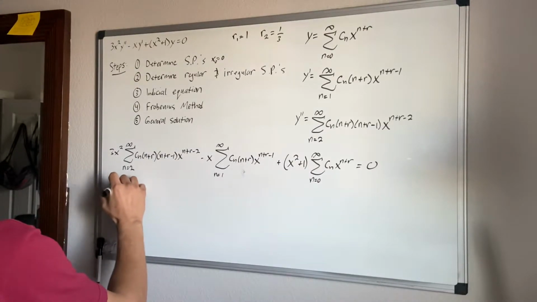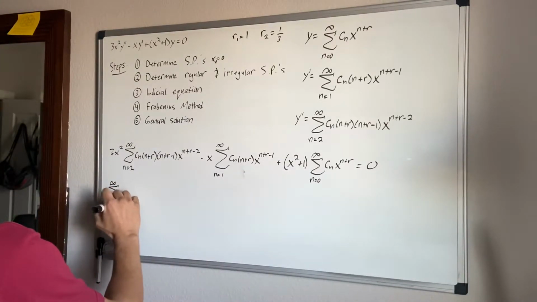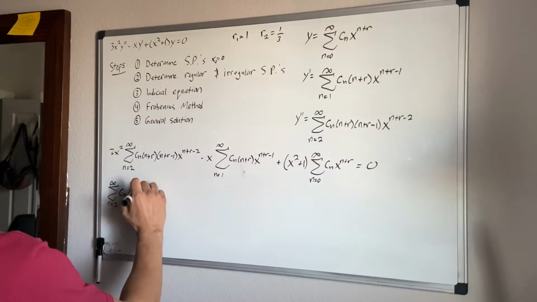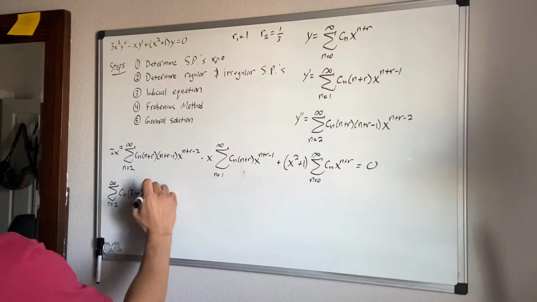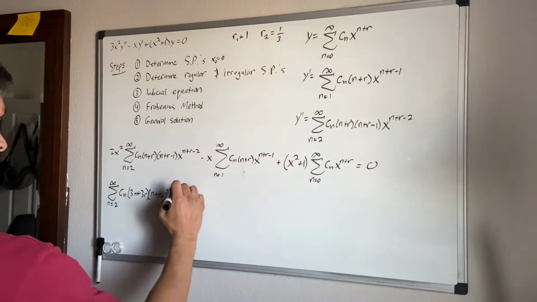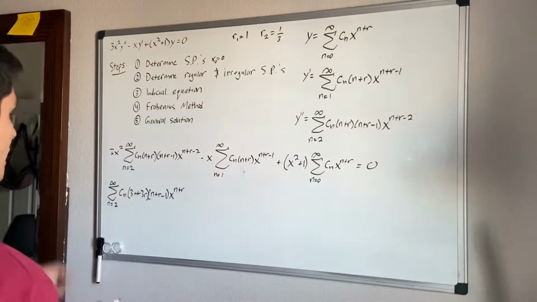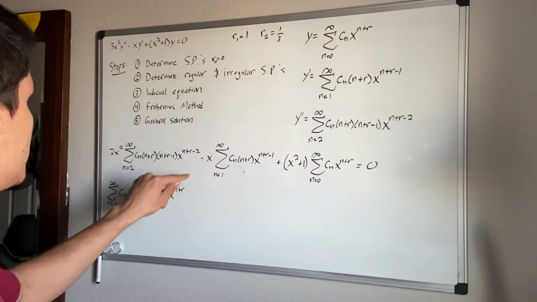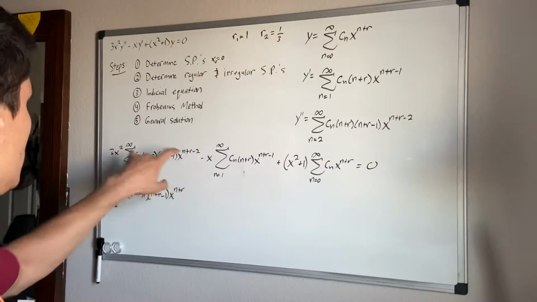So it's going to be the infinite sum, n goes from 2 to infinity, c sub n, 3n plus 3r times n plus r minus 1 times x to the n plus r. Because x squared times x to the n plus r minus 2, the 2's are going to cancel out.